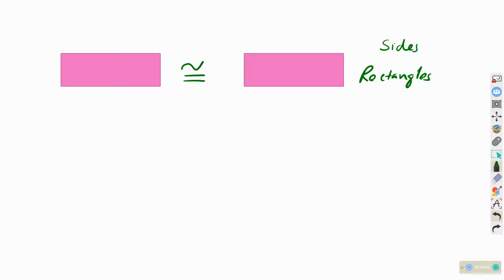Right? So which sides? This length should match with the length here, breadth should match with the breadth. Then they will be congruent with each other. If the length and breadth of a rectangle is equal to the length and breadth of another rectangle, we will say that they are congruent.